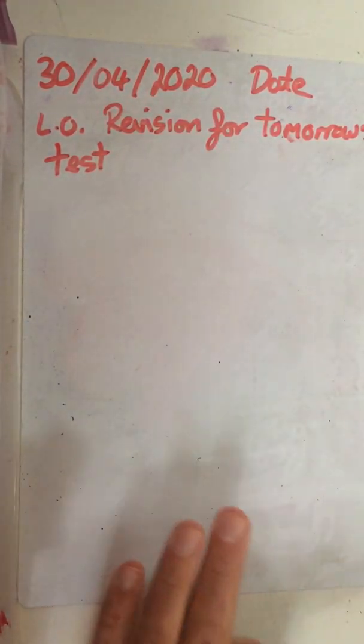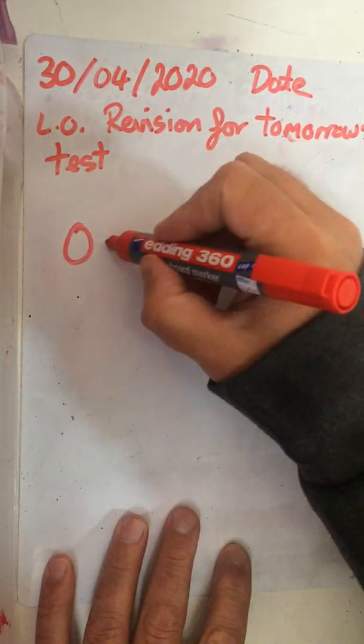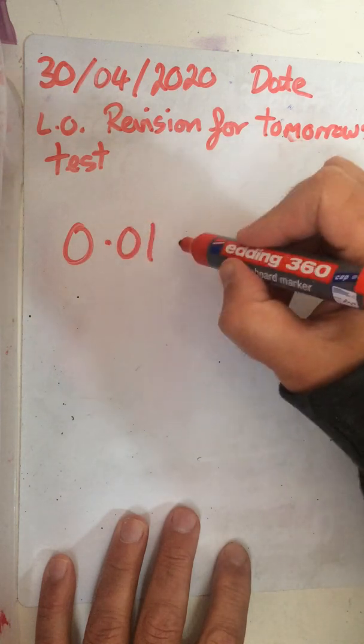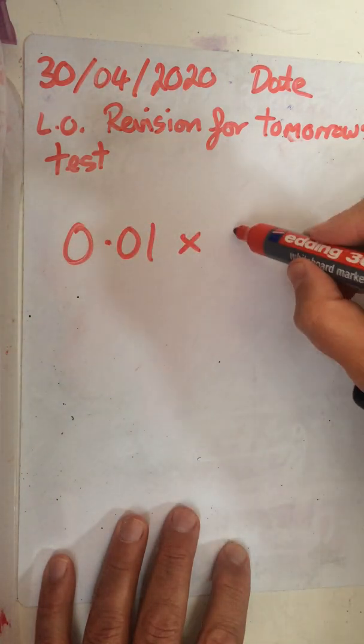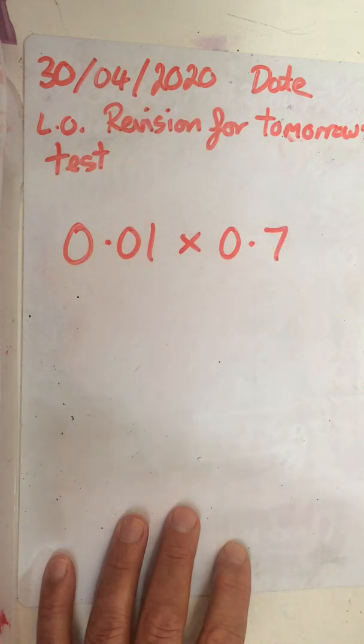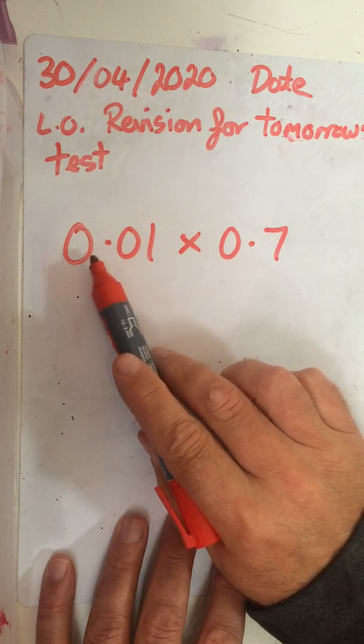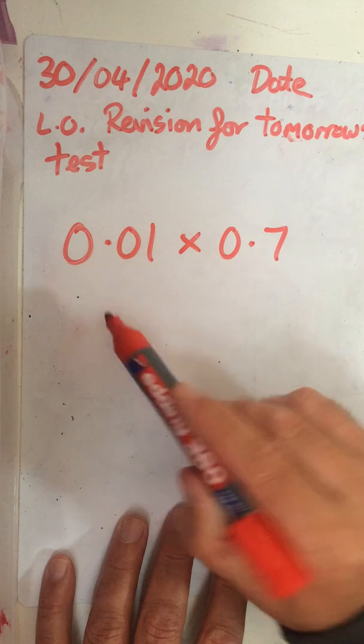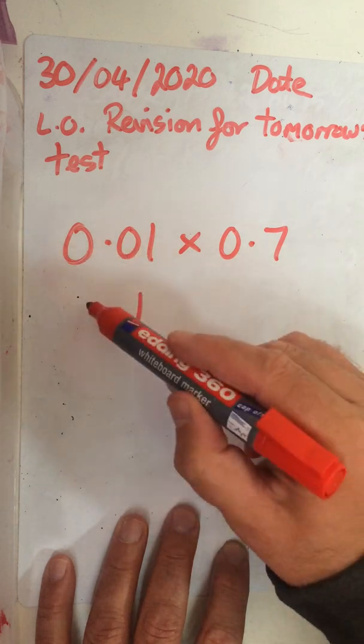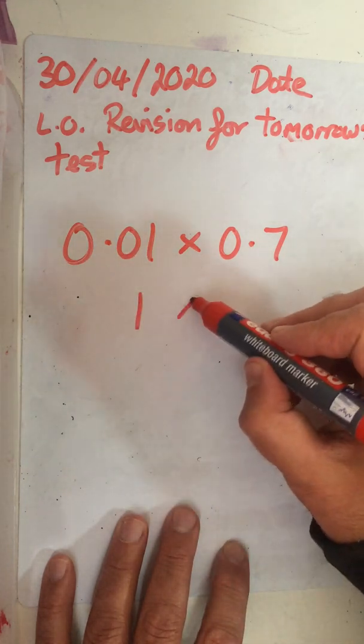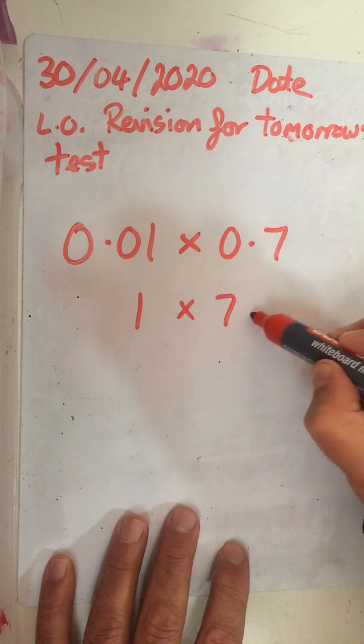Let's have another go at one of those. So say, for example, we go 0.01, and we're multiplying that by 0.7. Now, if I get rid of the decimal points, I'm left there with 1, aren't I? Because 0.01 is worth 1, and this is going to be worth 7.